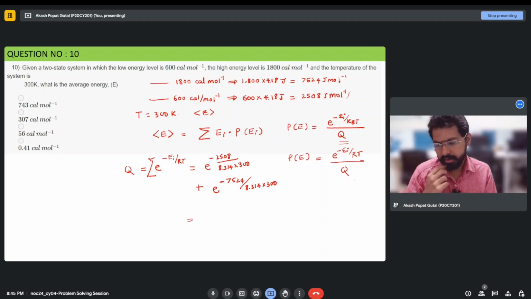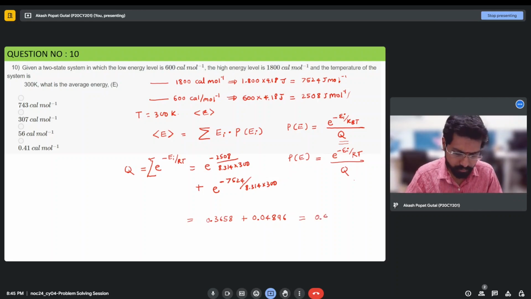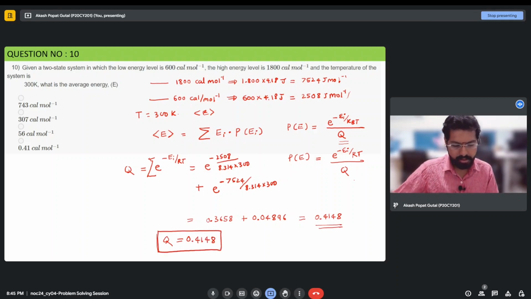If you calculate it, the first value comes out to be 0.3658 plus 0.04896, and adding these two numbers, the partition function is Q equal to 0.4148. Now substitute in the equation and calculate the average energy.